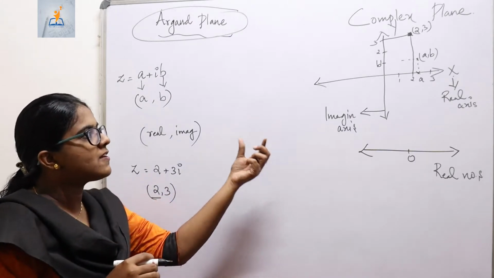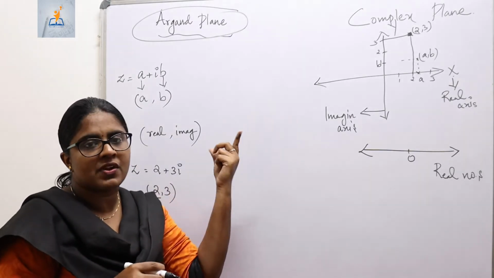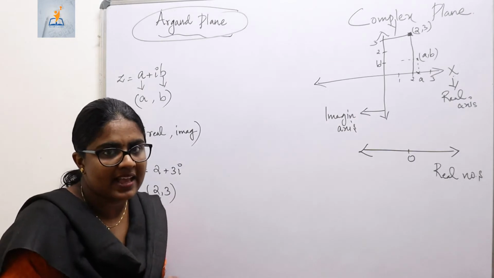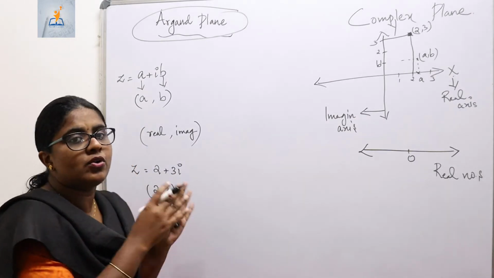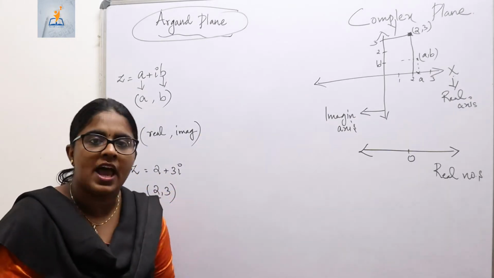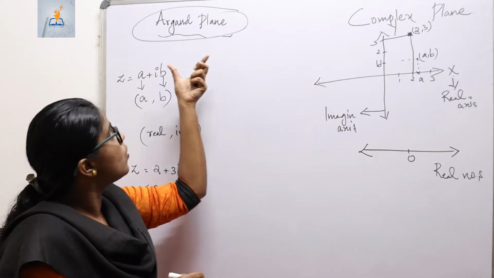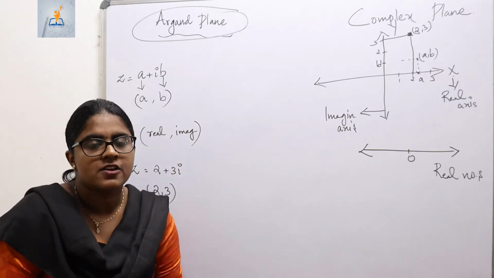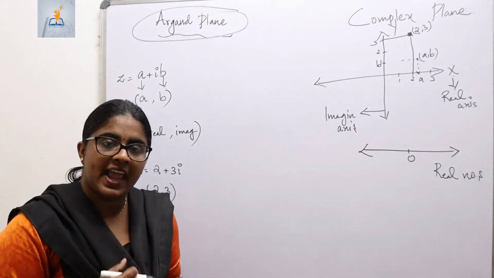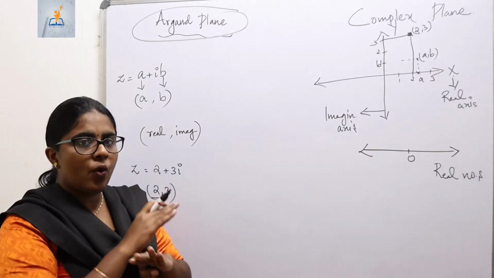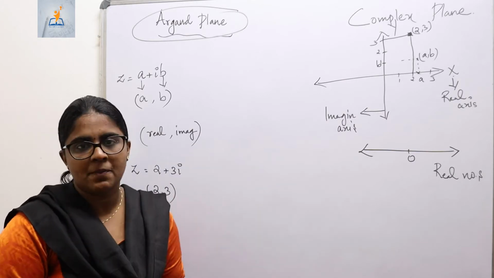So the complex plane, which consists of the real axis and imaginary axis and includes every complex number, is called the complex plane, and it is also called the Argand plane. So the Argand plane is a plane which represents all the complex numbers.